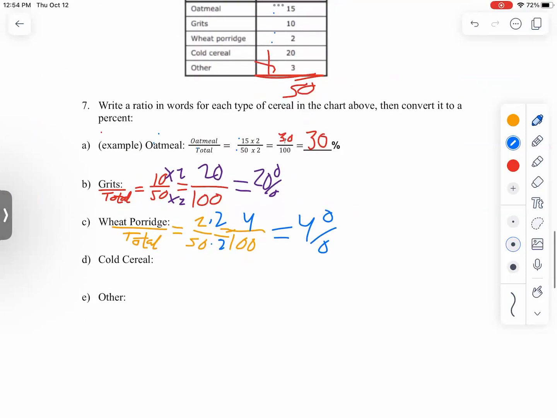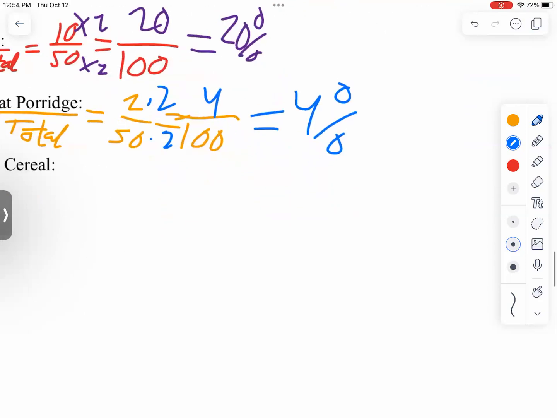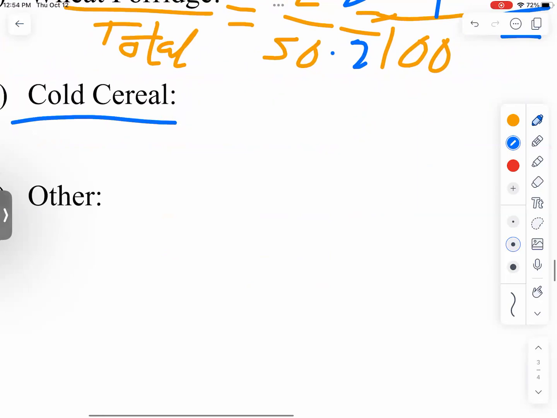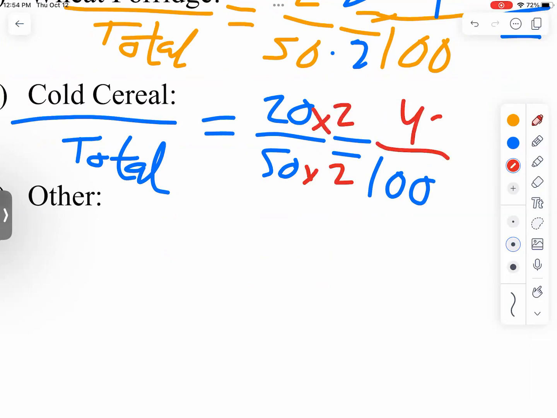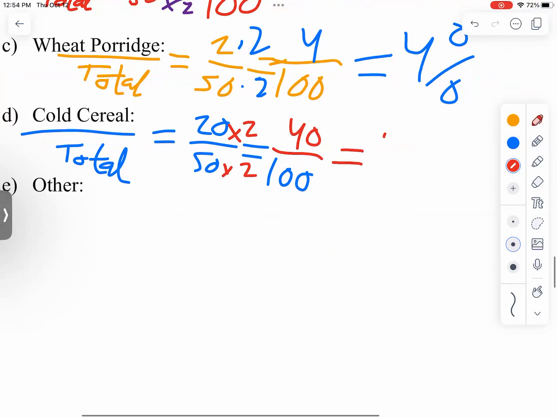Cold cereal. That's a lot of people, obviously. So that's going to be 20 out of 50. And we don't know out of 100. So that's times 2. Times 2. So that's going to be 40 out of 100, or 40%.